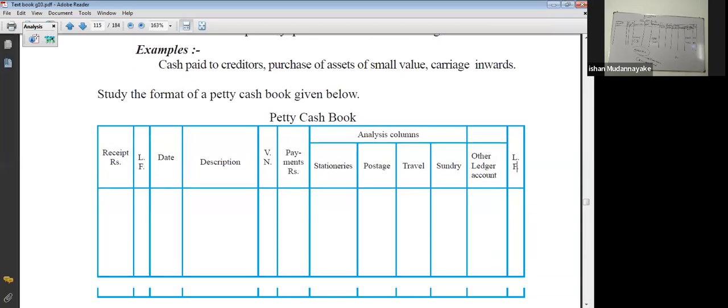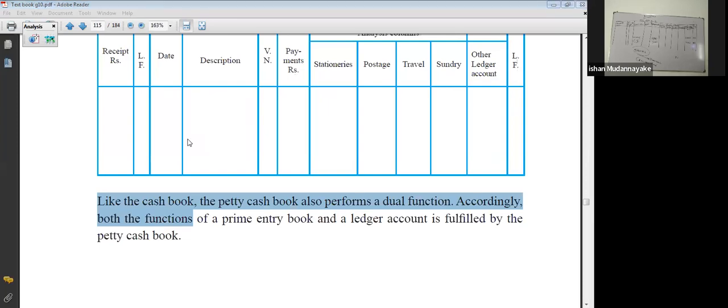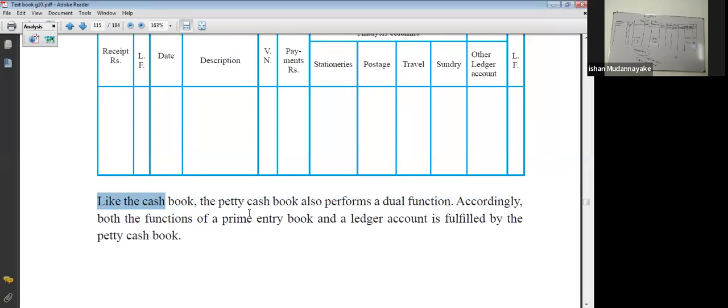Right, and then here you need to highlight. Read this note. Like the cash book, the petty cash book also performs a dual function. Accordingly, both functions of a prime entry book and a ledger account are fulfilled by the petty cash book.